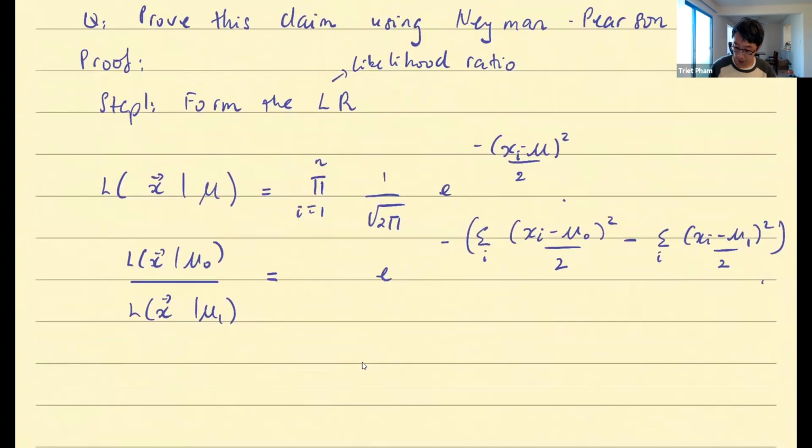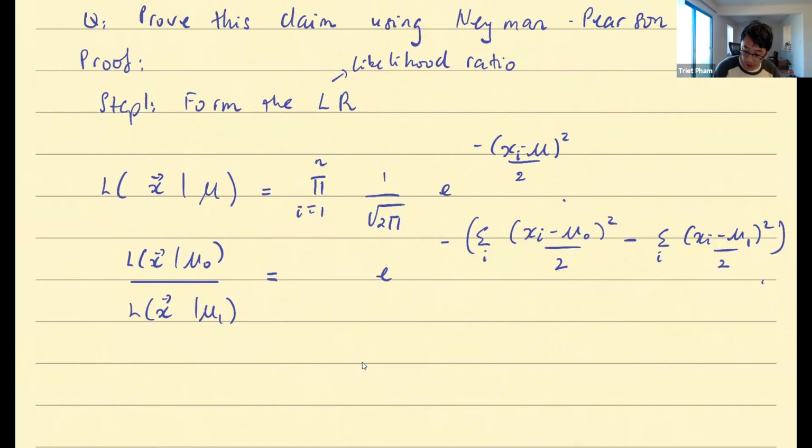But anyway, our goal is to somehow say that this is bigger than K or less than K, etc. So notice that the exponential function doesn't do anything because the exponential is an increasing function. So the real player is this right here. So I will focus on working on this.